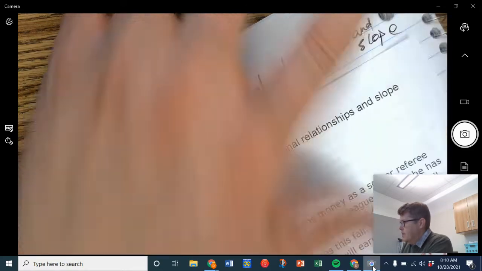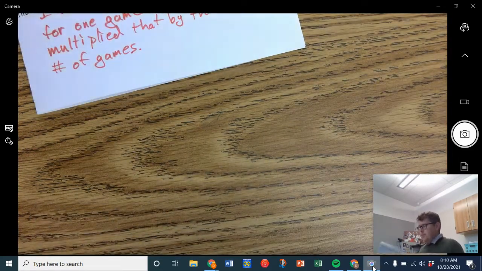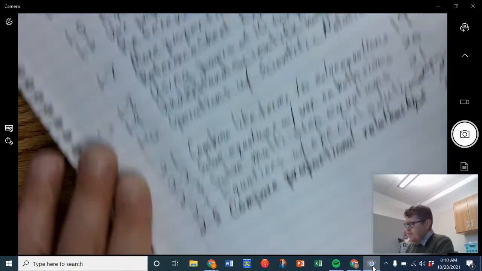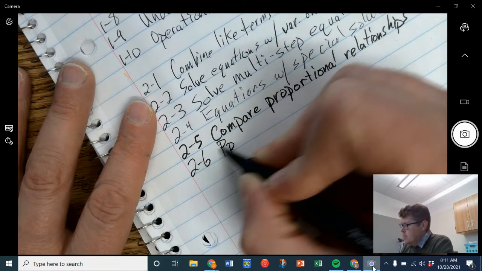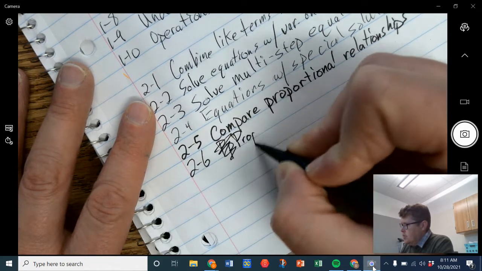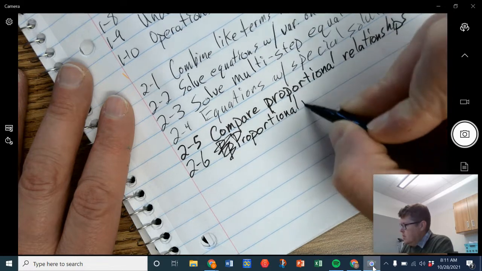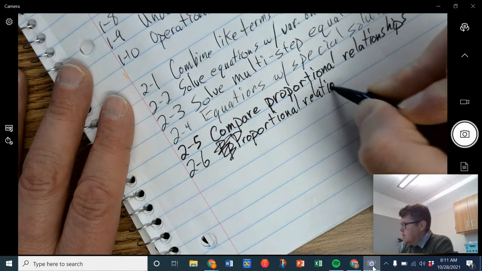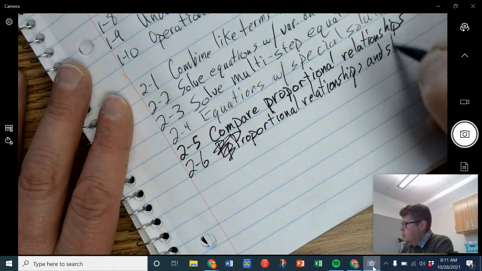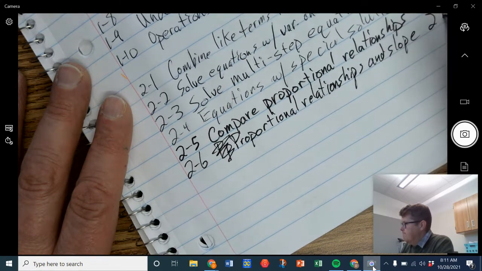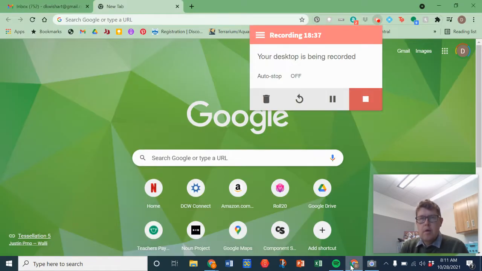I will glue this in later. You do not need to see me do that. And then for the table of contents, we have 2-6, proportional relationships and slope on page 24. There you go.